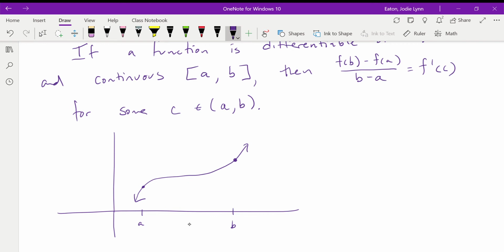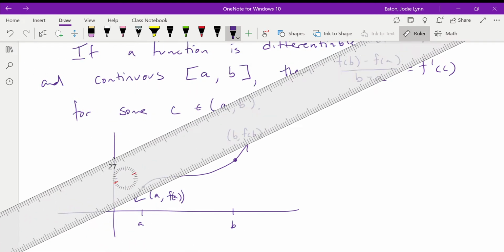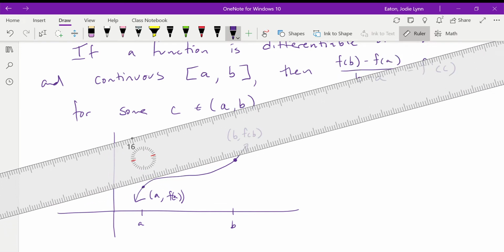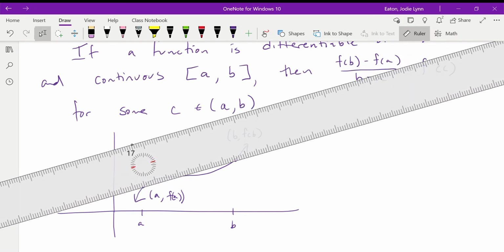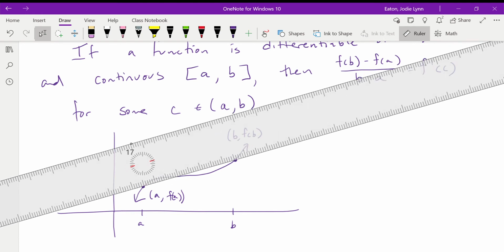This point up here is b comma f of b, and this point down here is a comma f of a, because f of a is just the y value you get when you plug a into f. So I'm going to use my handy dandy ruler to draw a nice straight line between a and b.